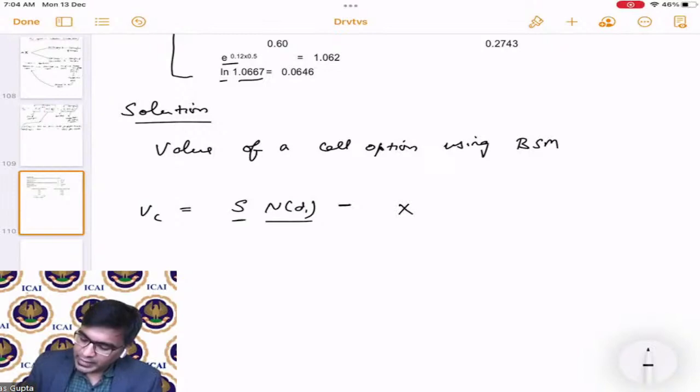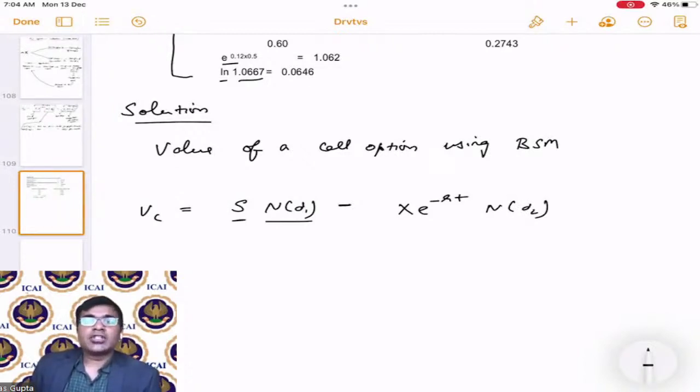So the present value of strike price was expressed like this: X e raised to the power minus RT multiplied by N(D2), which is the probability that on expiry, the spot price will be higher than the strike price. This was N(D2), correct? This is the present value of the strike price which we are going to realize.